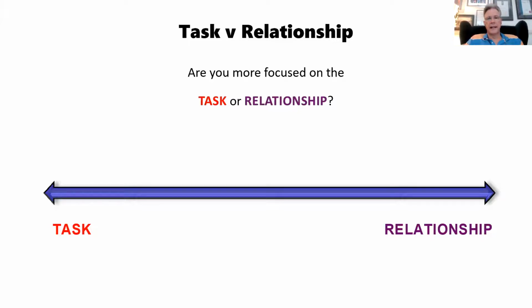And then that's pretty much it. The relationship part has been done, and then of course it's all into the task of what needs to be done. So there's a strong bias towards the task dimension of teams, and of course that's what you get paid to do.